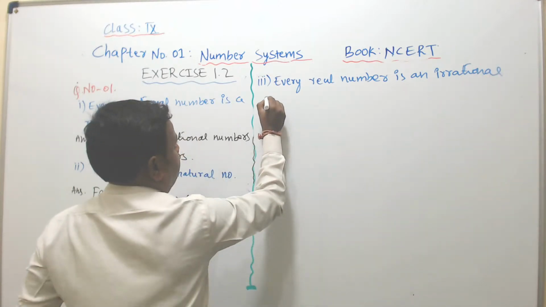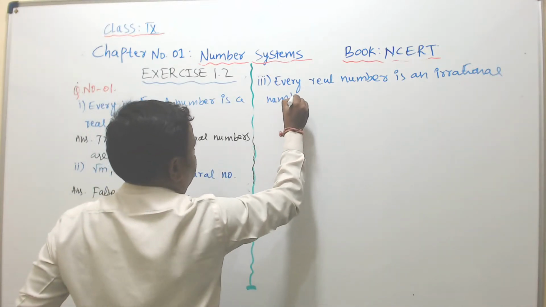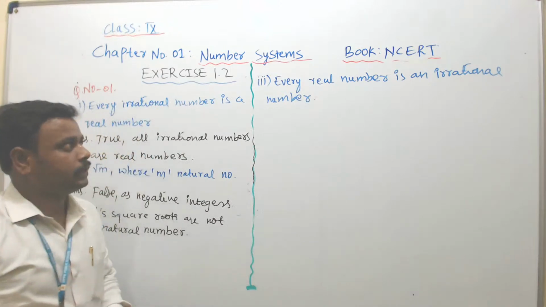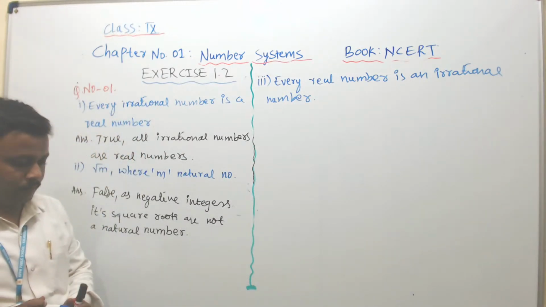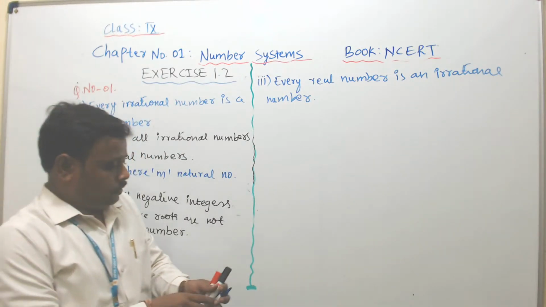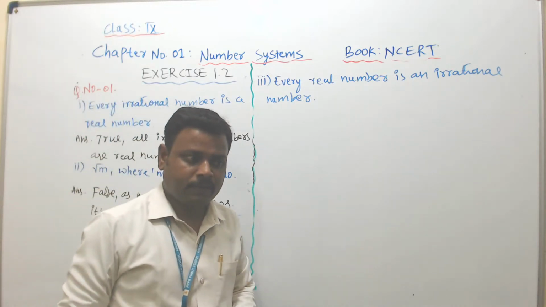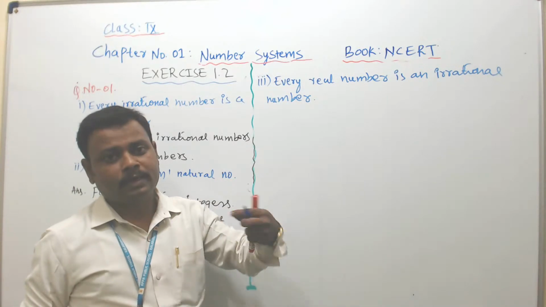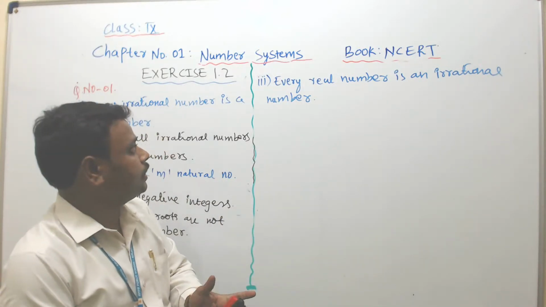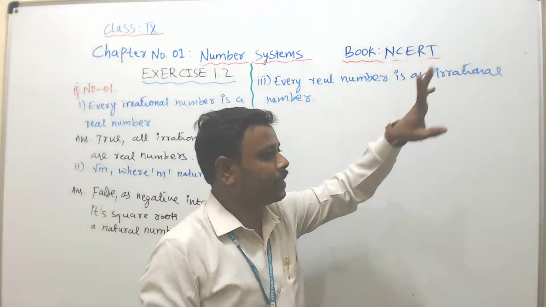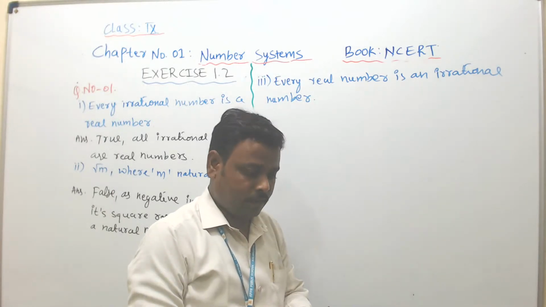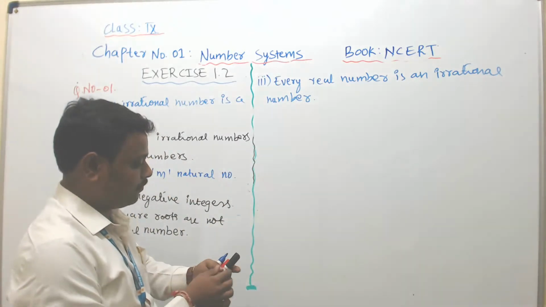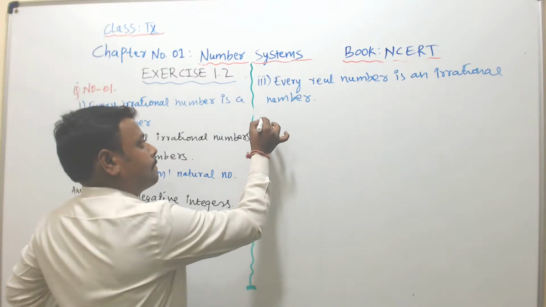We have discussed the definition: rational numbers plus irrational numbers are called real numbers. They are saying every real number is an irrational number. So the statement is false.